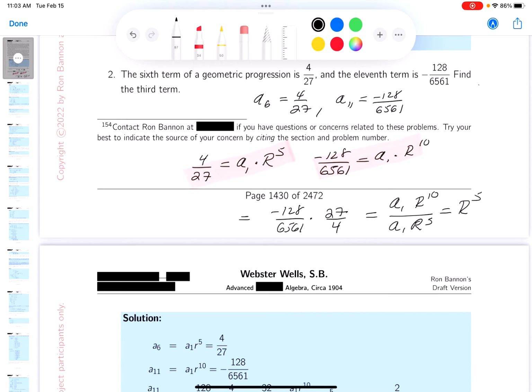So I'm going to say it doesn't look that bad to do. You know, I know it's a negative number, and 4 goes into 128 32 times. And now I got another problem. I got to do 27 into 6561. It's kind of annoying, right? You can use a calculator.